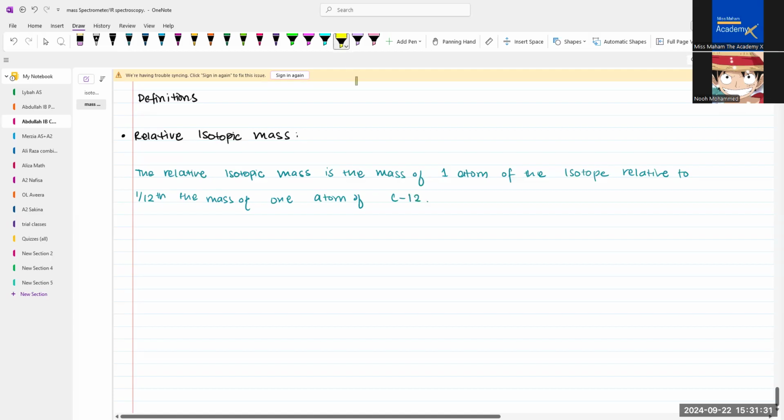Now, this statement here, relative to 1/12 the mass of one atom of carbon-12, is something that we use in chemistry to compare two molecules. It basically means that carbon-12's mass is 12, so 1/12 of 12 is 1.